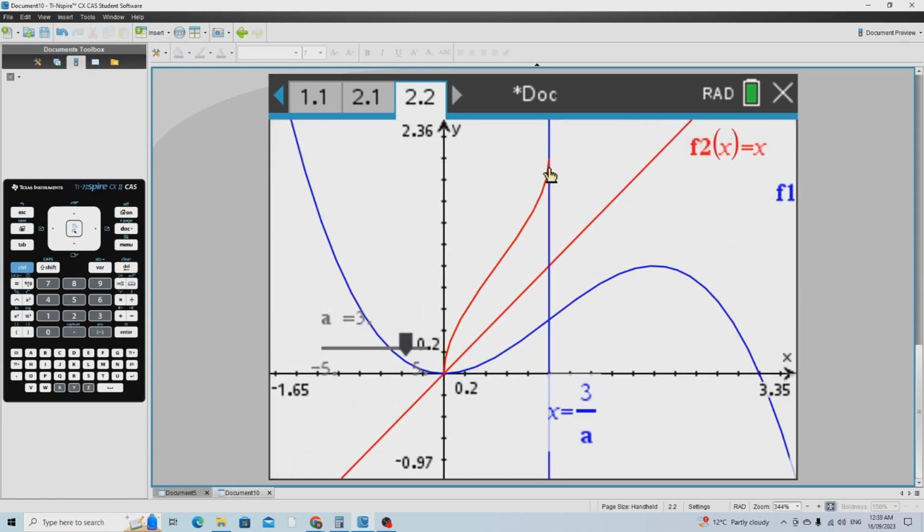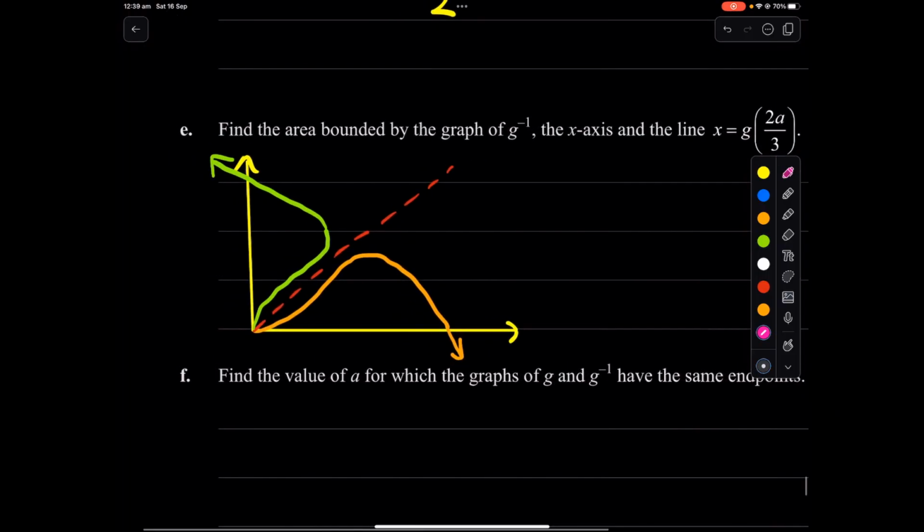So I think this just touches the max point. If I'm looking at my graph over here, that point, if I go down, this point over here is 3 over a. So 3 on a.